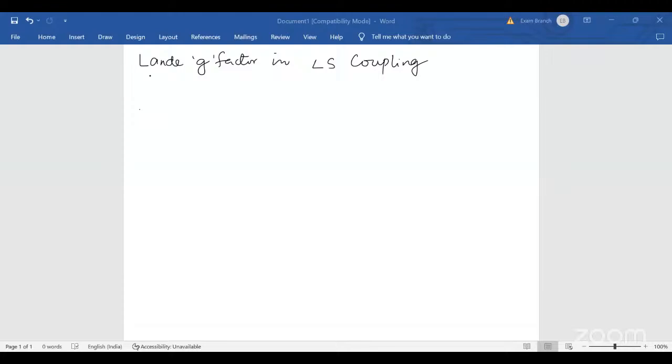So now we'll see this Landau G factor in LS coupling.